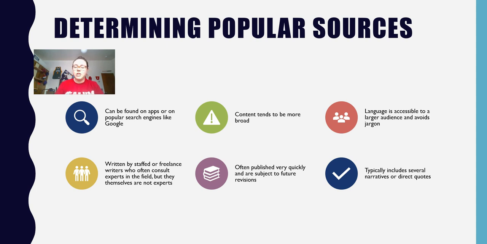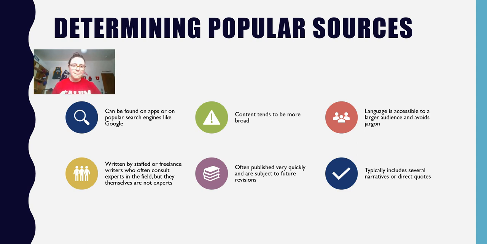But the writer for National Geographic arguably is not an expert in the field. They are an expert in writing and in more journalistic type settings, but they themselves may have an interest in the topic, but they are not refined experts like those that they are citing from scholarly sources. And this is a really big way to distinguish between the two.